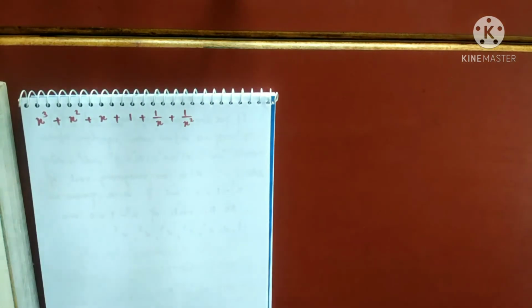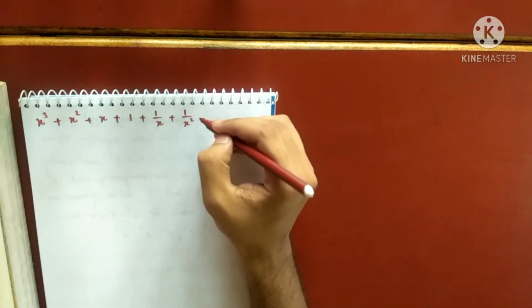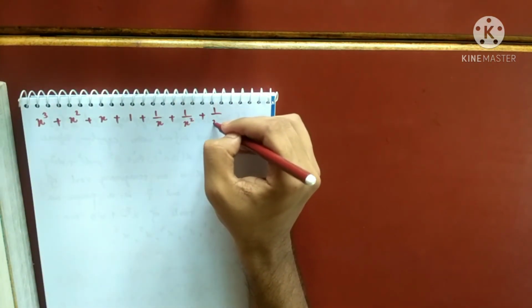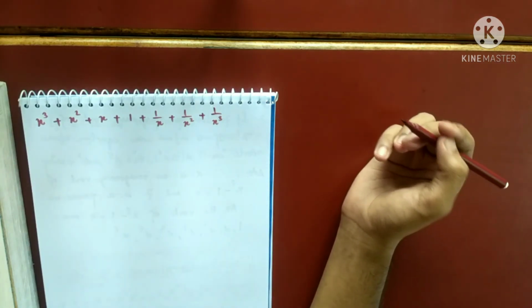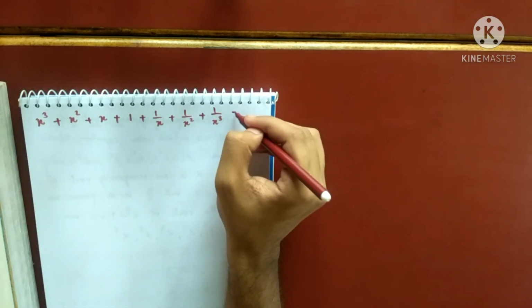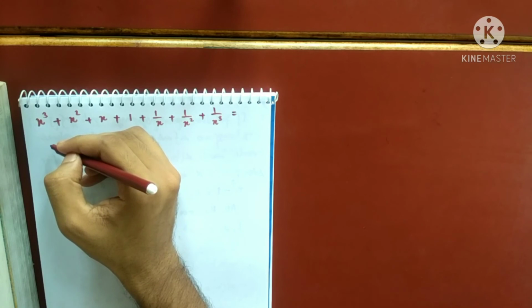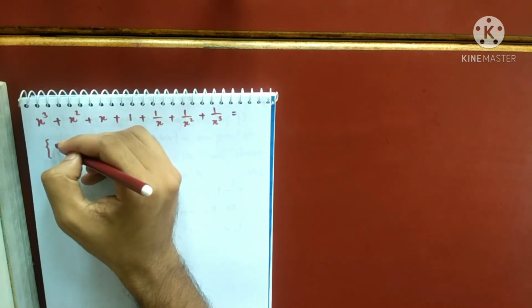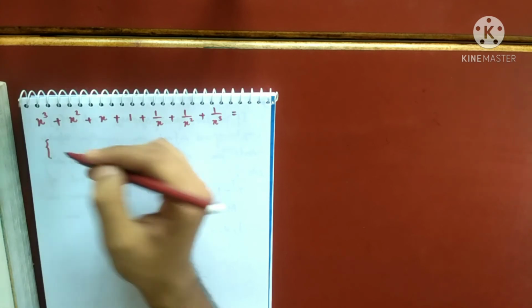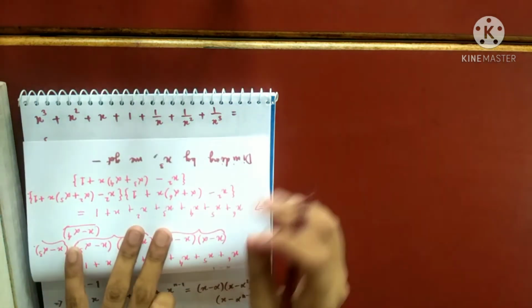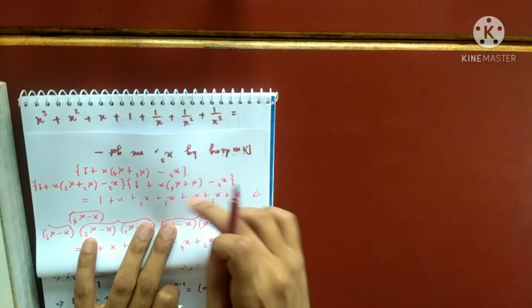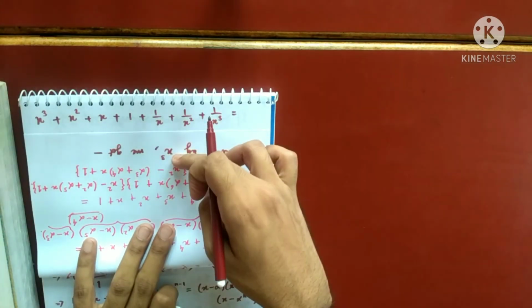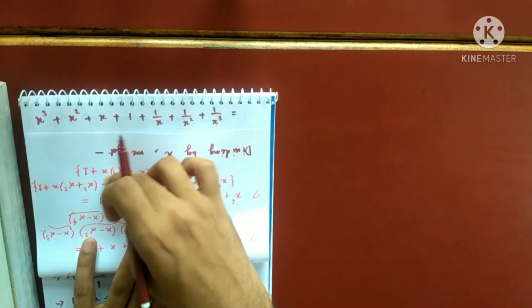How many terms are there? 6 terms, no? So this will also be there: 1 by x cube. So this is the left hand side after dividing, and on the right hand side, the first one was x square, so it is x square by x. Try to understand my point. I am dividing by x cube, that means I am dividing every term by x.